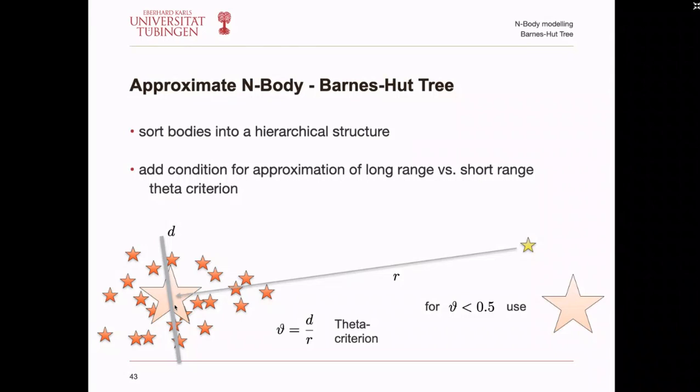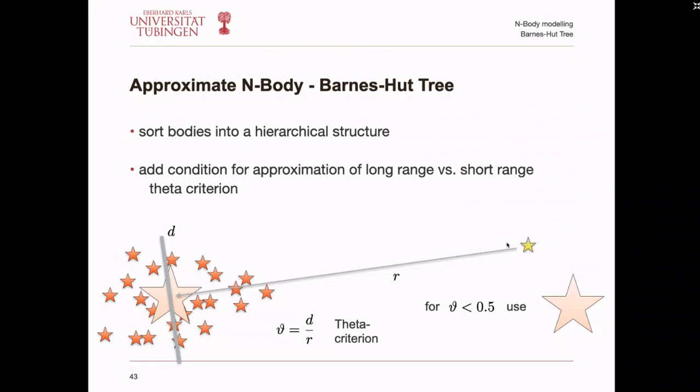And if this opening angle is smaller than a certain value, and in principle people use theta equals 0.5, smaller than 0.5, we can use the center of mass and the total mass for the gravitational interaction, and do not have to look at these stars individually acting on our yellow star.